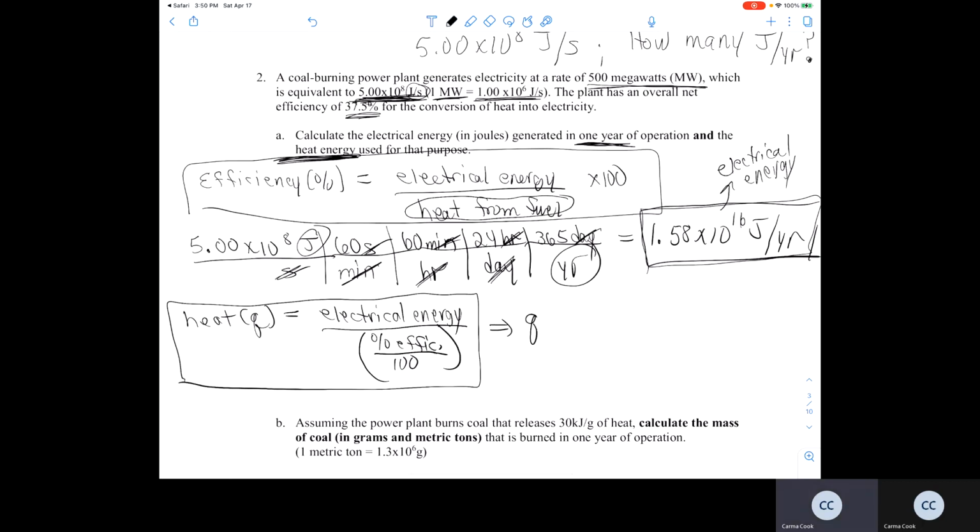So therefore, our heat Q is equal to 1.58 times 10 to the 16th joules per year, divided by the efficiency, 37.5%, divided by 100 to move that decimal 2 spaces to the left, and you've got 0.375.